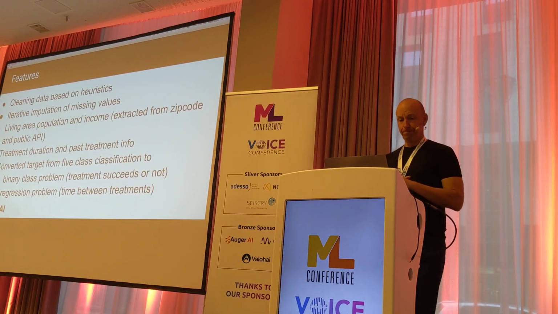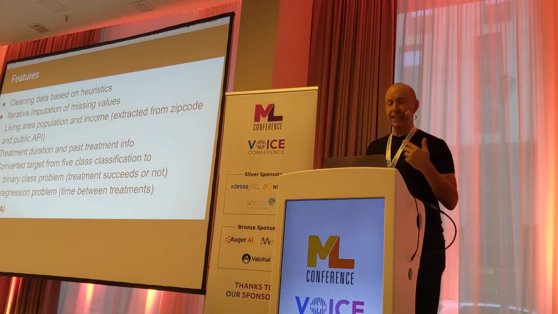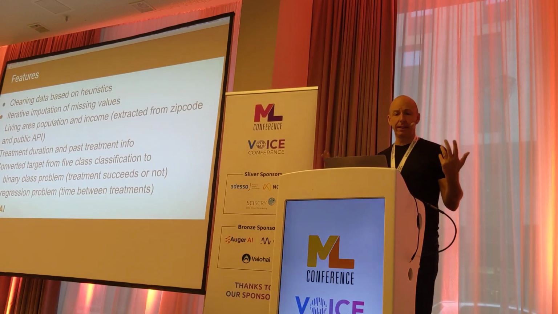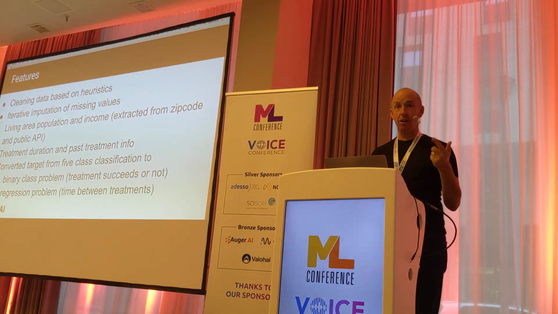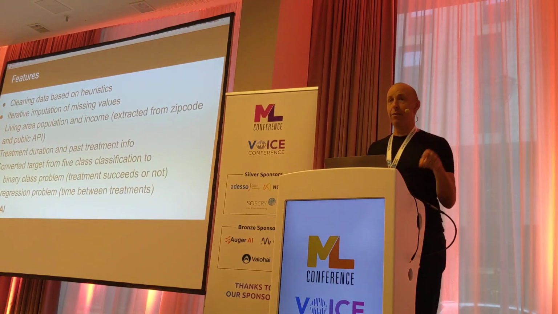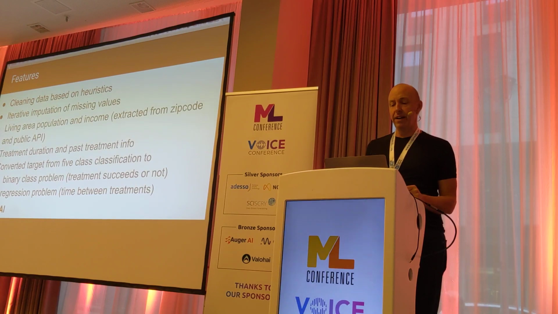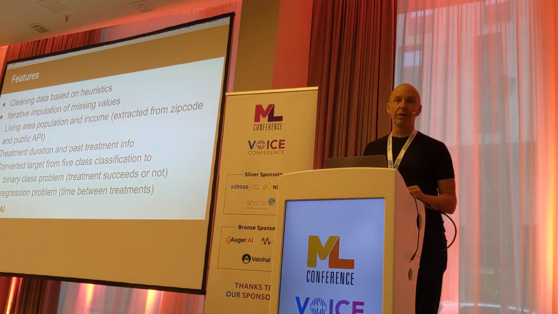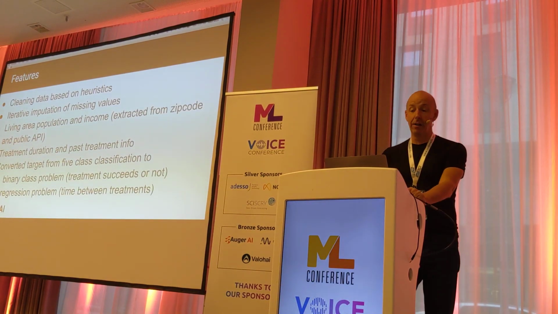So what we did is we cleaned the data based on various heuristics. They tell you wrong stuff all the time, so we had to clean up the data. We iteratively imputed missing values. We did this all through code, and we were doing this, again, every night, so the whole pipeline was automated. We got additional things about the patient based on their zip code, like the population density and median income. That turned out to be very helpful to the model.